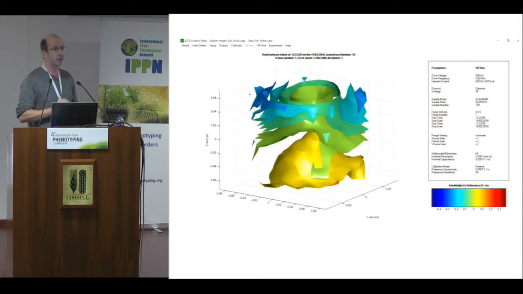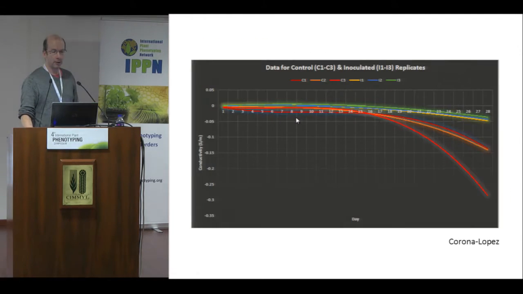And this is really, really early data and something that we're very much in the development phase of. But if we take an average over that entire pot and then plot this graph out here, what we have, apologies for the colours here, but here we have 3 infected plants and here we have 3 control plants.